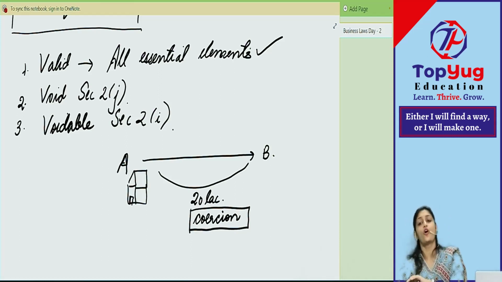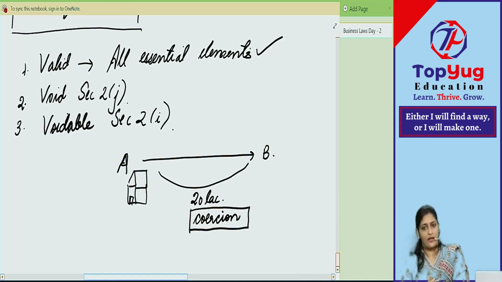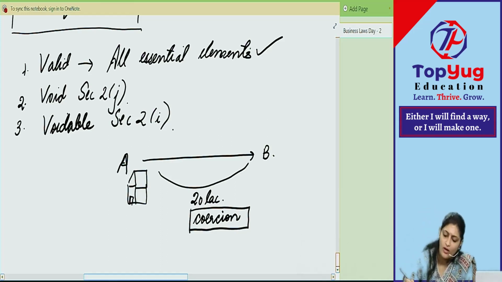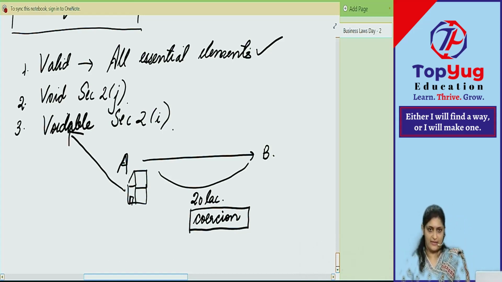No, no. This law is saying that we will support you. But we will not support the party who is at mistake, who is wrong. Got this point clear? So, under coercion, if there is any contract entered, these type of contracts are always considered to be what? Voidable contracts.